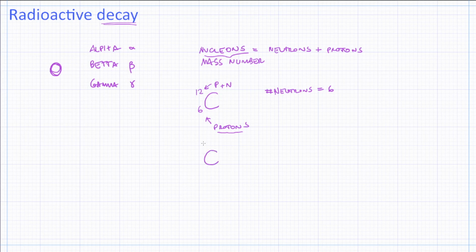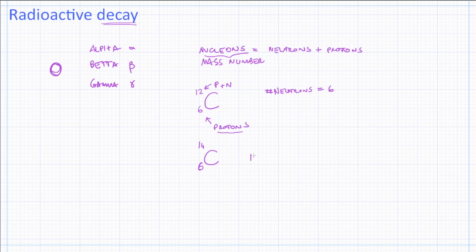Now, there is another isotope of carbon which we find in nature, and that's carbon-14. That's the one that we use for carbon dating, for trying to measure how old things are. So in this particular case, we still have 6 protons, otherwise it wouldn't be carbon.